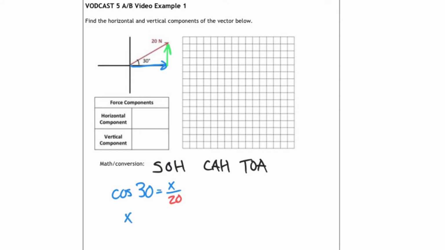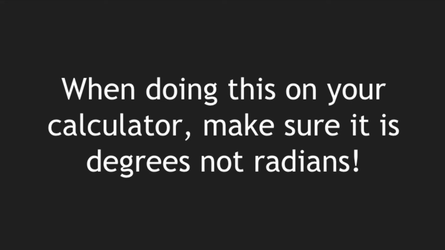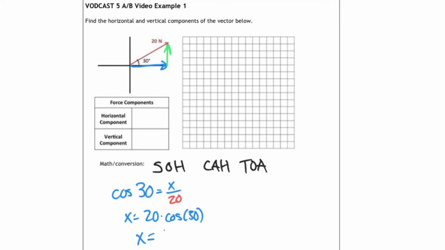That means x equals 20 times cosine of 30. And that may be something you need to plug into your calculator. You'll find that x equals 17.3 newtons.